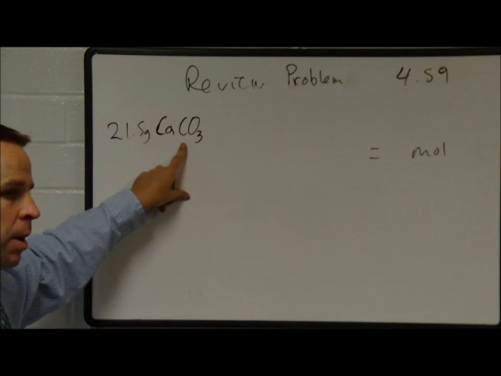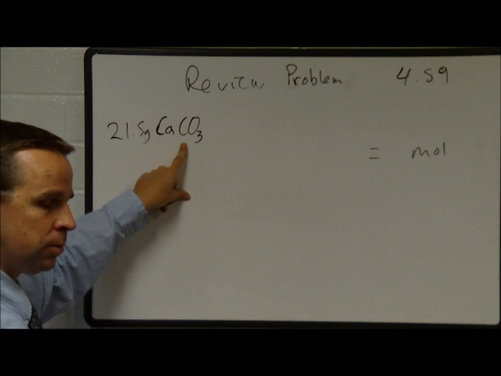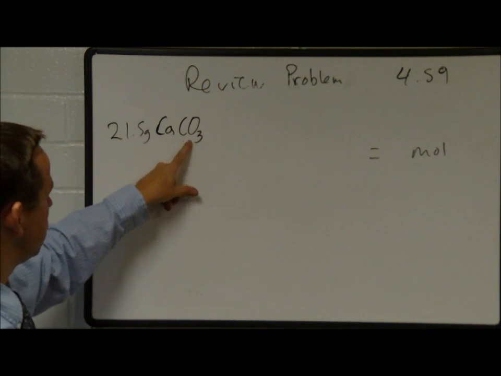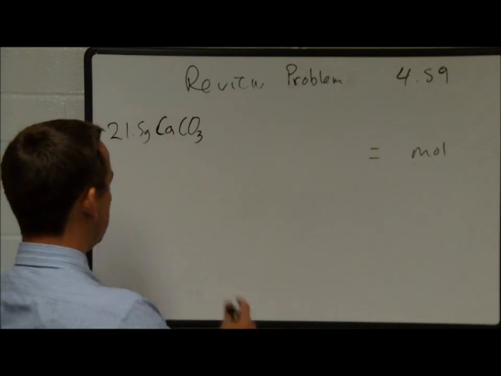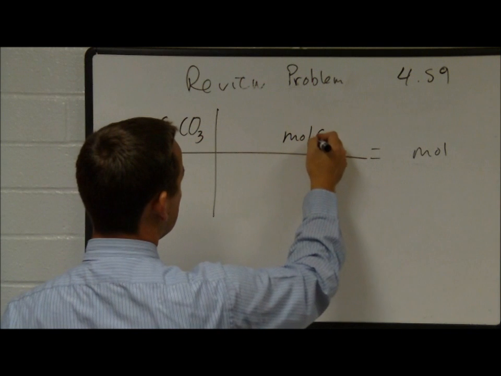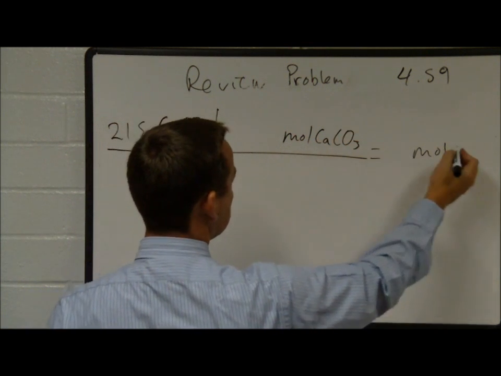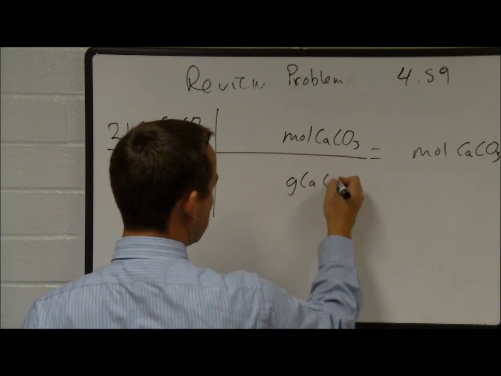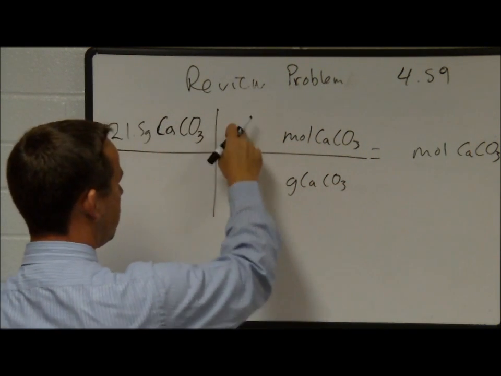Carbonate, we might remember, or you look at the table on page 84. But this has a -2 charge, so it's a 1-to-1 ratio of calcium ions to carbonate ions. And we want to know how many moles of calcium carbonate. So we need the grams of calcium carbonate that there are for every mole.